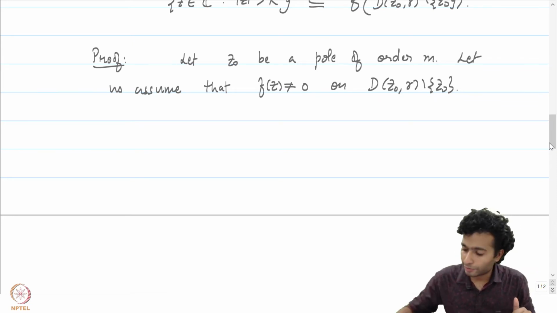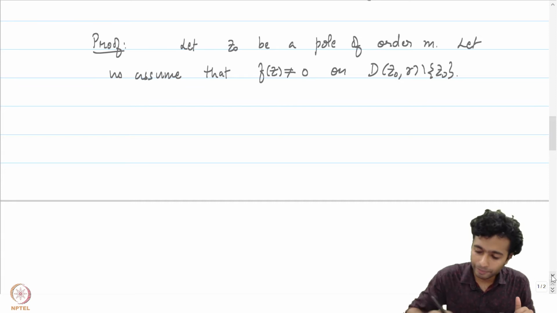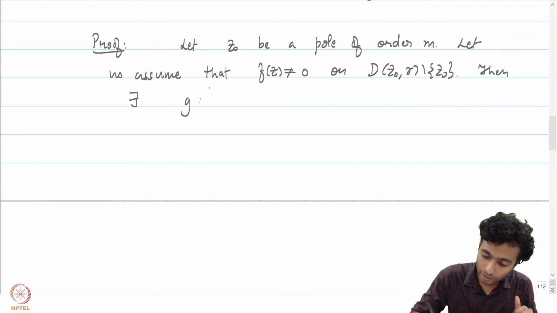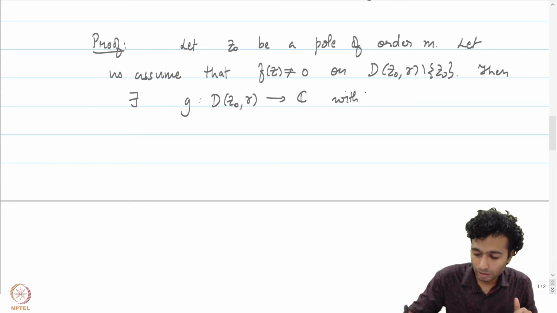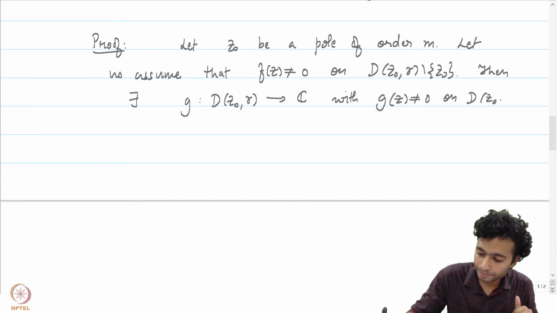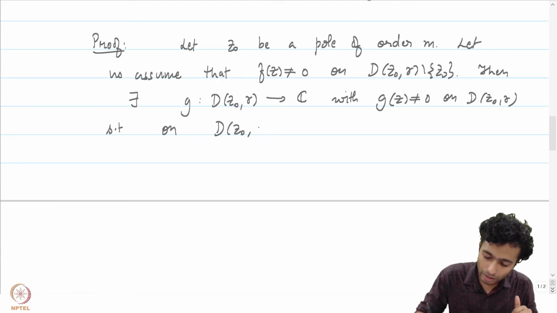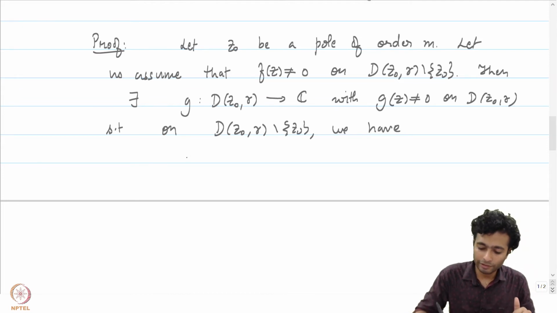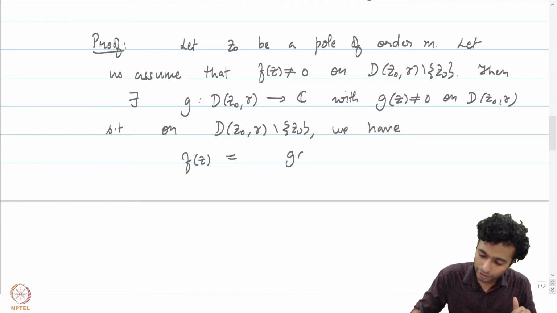So this can certainly be assumed, and because it's a pole of order m, there exists some function g which has a removable singularity, hence defined on D(z0, r) into C, with g of z not equal to 0 on D(z0, r), such that on D(z0, r) minus z0 our function f of z is equal to g of z by (z minus z0) to the power m.